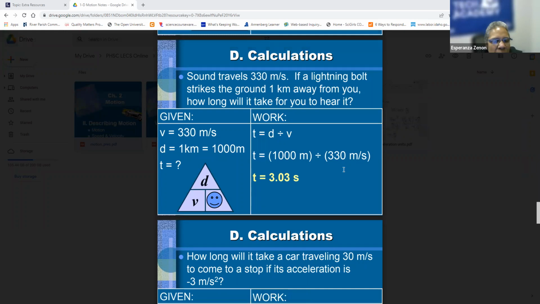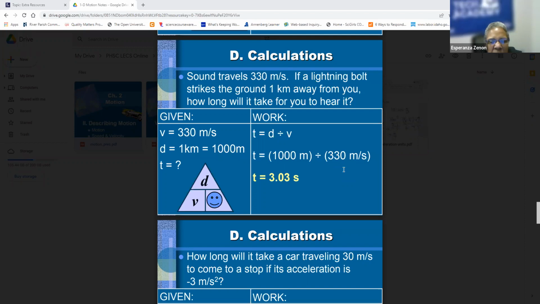Okay. So now I go to my distance, speed, and time pyramid. They have asked me to find the time because they asked me how long will it take. If I need to find the time, I have to take my distance divided by my speed. And I know that because distance is on the top of my pyramid, speed is on the bottom of my pyramid.